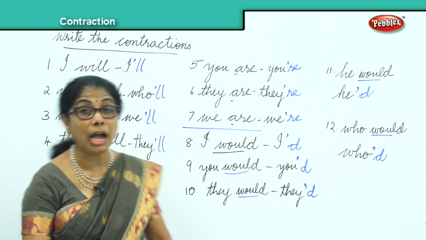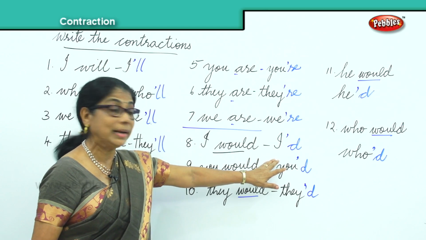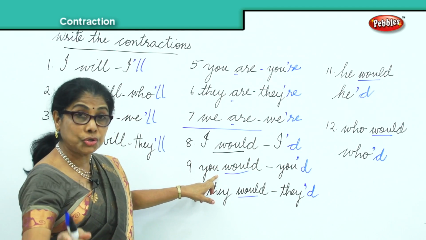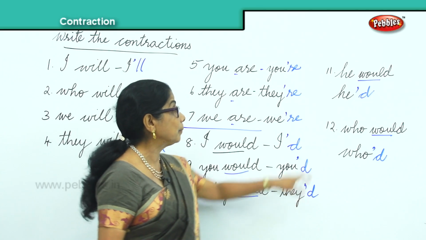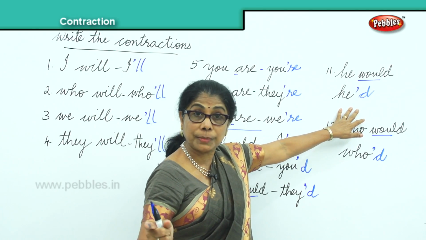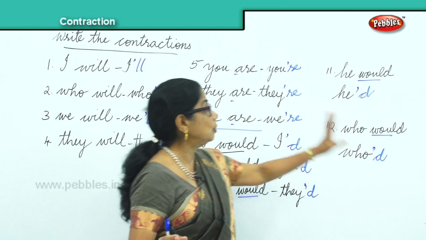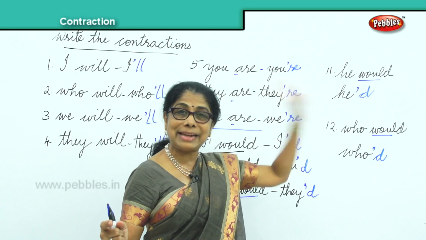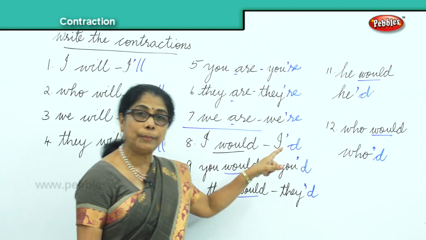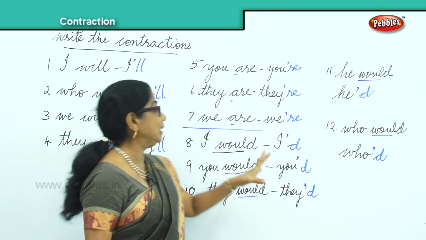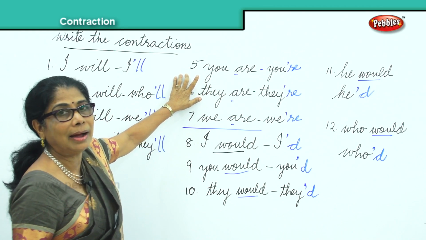Now look at the last thing carefully. I would, then you write apostrophe and D. I'd, you'd, they'd, he'd, who'd. So for the contraction of these phrases with would, you only write the apostrophe and D. With are, you drop A and you write apostrophe RE.